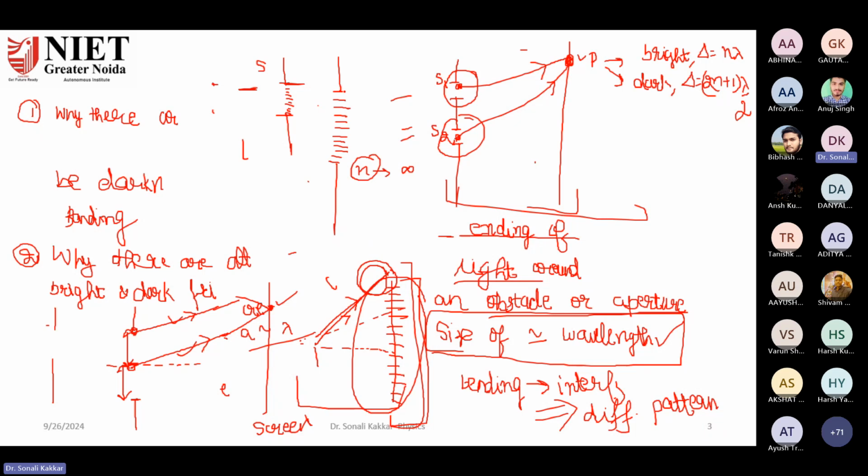There is a very large number of partitions of this slit, such that one partition gives rise to only one ray, like this. So these rays will be superimposed over each other and give rise to the diffraction pattern. So basically they are interfering with each other. The rays from different parts of the same slit are undergoing interference. Is it clear or not?